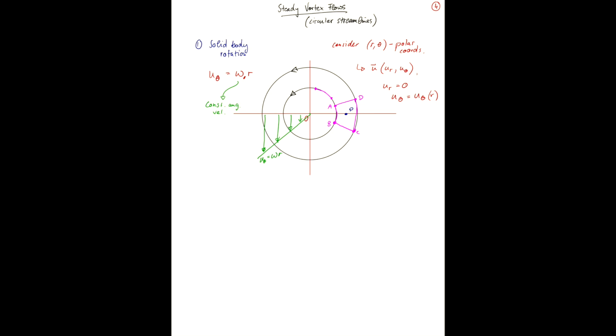So this is going to be A dash, B dash, C dash, D dash, and we have a point P dash in the middle. What you see is that every point A, B, C, D rotates around the origin at the same angular velocity omega 0. So the fluid element itself does not deform, it just rotates. The element rotates around P, around the center of the element, counterclockwise.